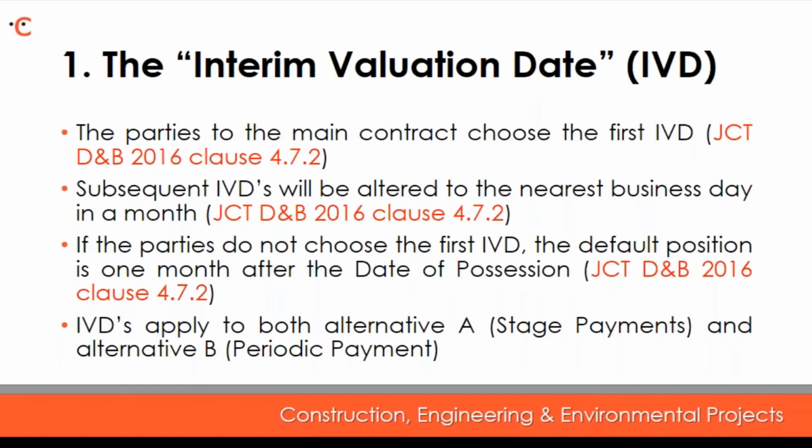Practically, if the interim valuation date falls, for example, on a Saturday, the interim valuation date by default would be the Friday, as this would be the nearest business day in that month. Alternatively, if an interim valuation date fell on a bank holiday Monday, the closest business day would be a Tuesday.